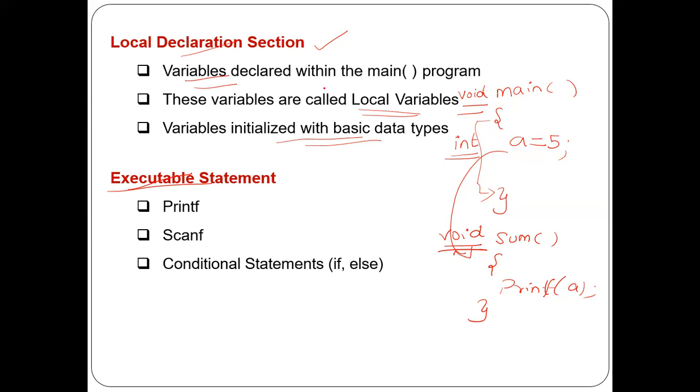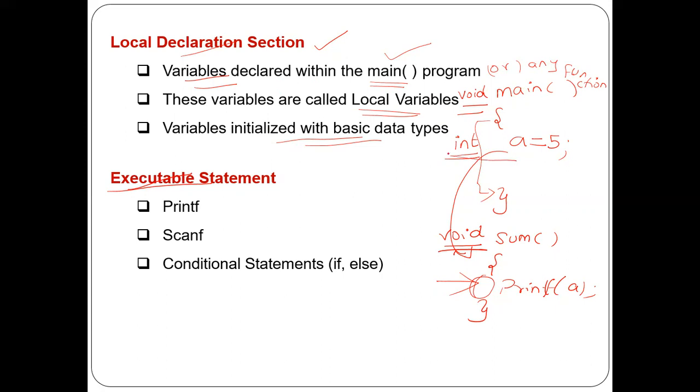Variables declared within the main program are local variables, but not only here: any variables declared within any function are also called local variables. Normally you only know the predefined function called main, that's why the definition has been given here, but you can write any function. Variables declared within the main function or any function are a local declaration.